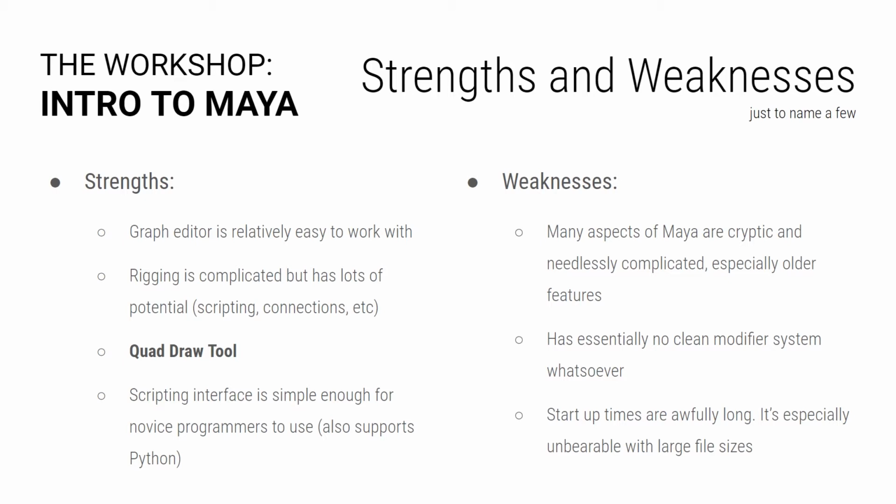So, weaknesses. Maya has many, but I couldn't fit them all on here. Many aspects of Maya are cryptic and needlessly complicated, especially the older features. There's the dope sheet, which is weird and very difficult to use. It looks like the UI hasn't been updated since the 90s, so it looks like garbage. It has no clean modifier system.